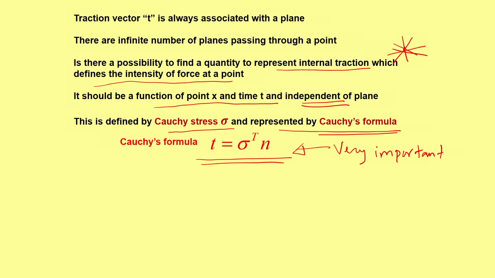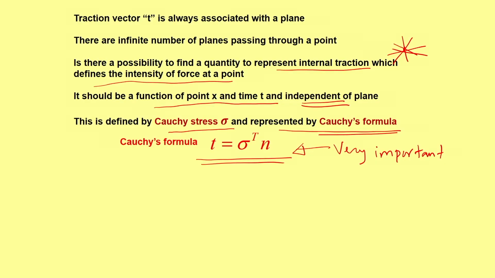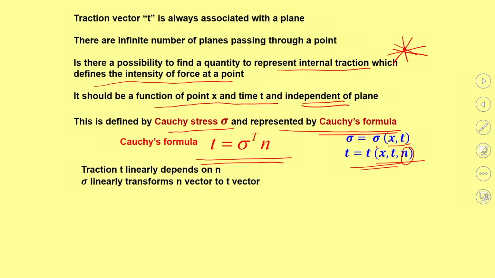So, what is the idea? The idea is about finding a quantity which is not dependent on plane, but still represents the internal force. Sigma, or Cauchy's stress, is such a term. Sigma is a function of x and t, whereas traction is a function of all three. So, we have eliminated the contribution of plane here. Traction T linearly depends on n, as you can see in the expression, and sigma transforms the n vector to the T vector.